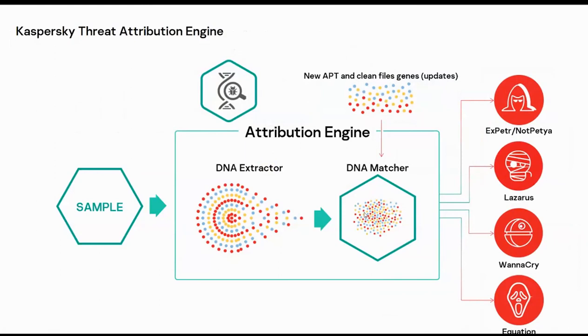One of the tools that we use in that regard is called the threat attribution engine, and in it we feed the DNA records, in some sense, of known threat actors that we have accumulated over the past 20 years. Then they can inject any sample into that engine, and the engine will compare the DNA record of the two samples and attribute the similarity between the sample and the DNA records in the database.